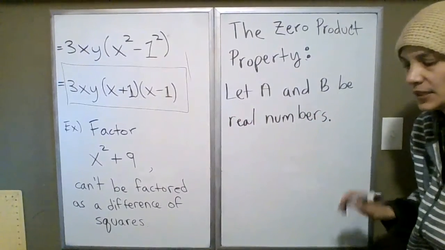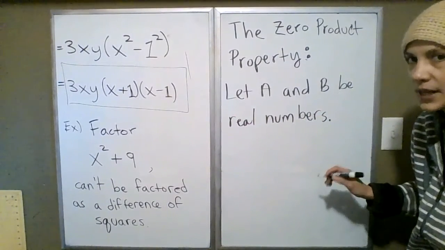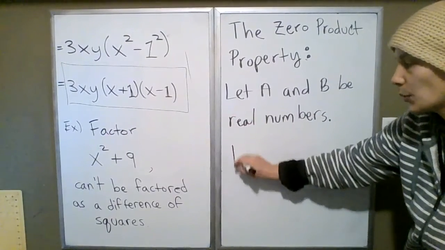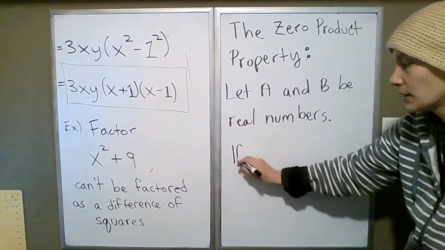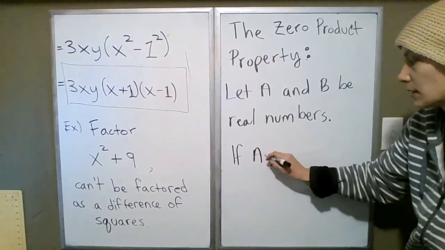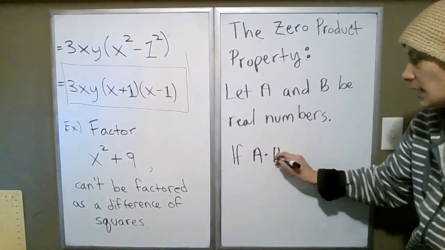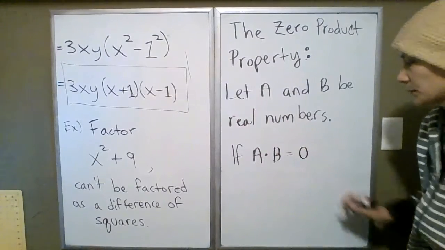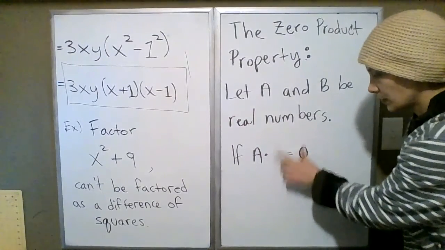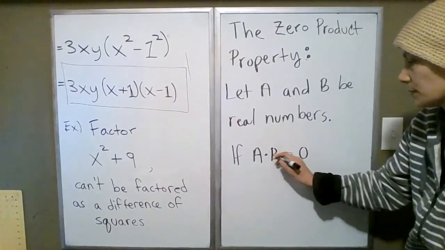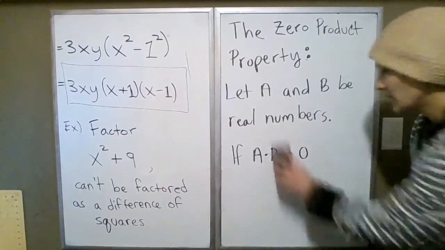I'm going to put this up and let you think for a moment, but if you have A times B and it's equal to 0, what do you know about A or B? Take a number A times a number B and you get 0. Do you know anything about A and B?